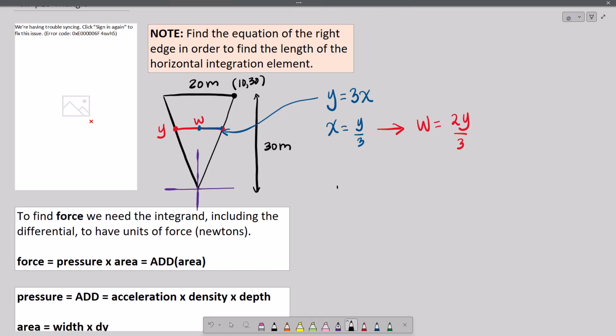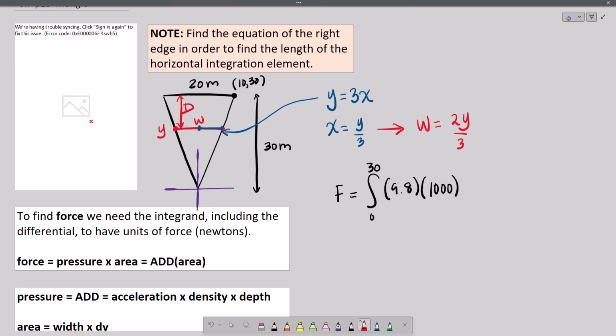So we come down, our force is going to be the integral from 0 all the way up to 30. And then acceleration, density, and now depth. Depth means the distance down to your strip.